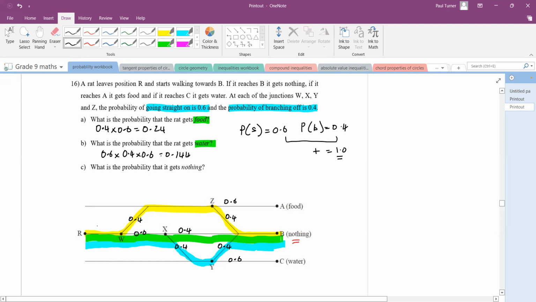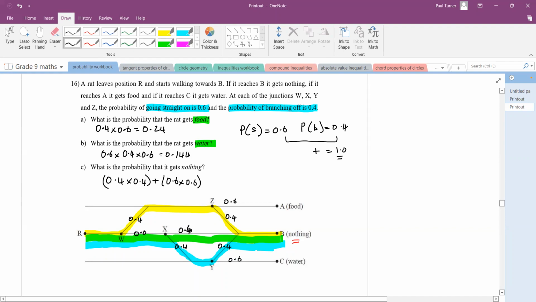So look at the yellow one. That would be 0.4 times 0.4 in yellow. And then we have to add the next line, which is green, 0.6 times 0.6. Just notice that there.